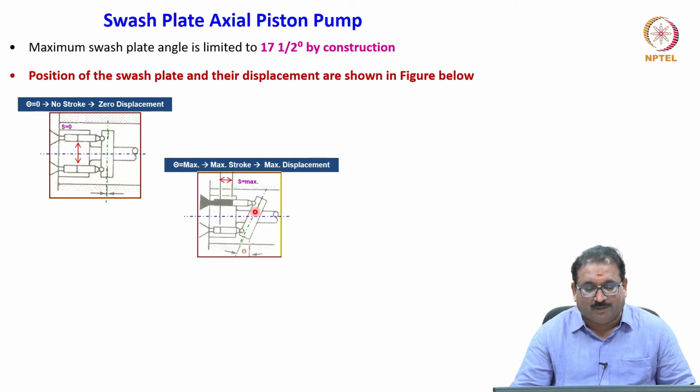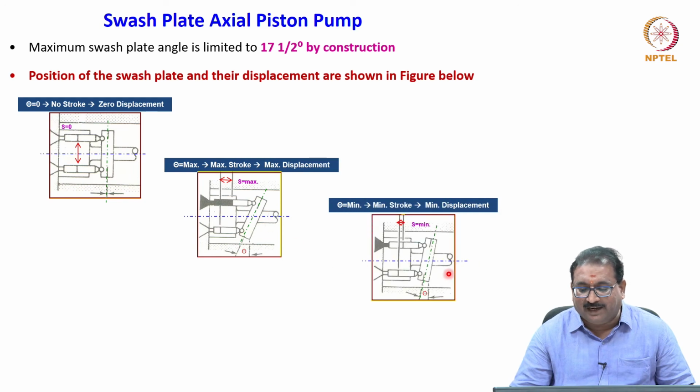Here you will see maximum theta, maximum stroke, maximum displacement. Then if you incline in any direction, you will see theta is very small compared to this, that is the minimum displacement. Meaning what I am doing here, I am moving the swash plate to get the required flow rate. Always there is an angle theta, otherwise there is no flow, 0 displacement.